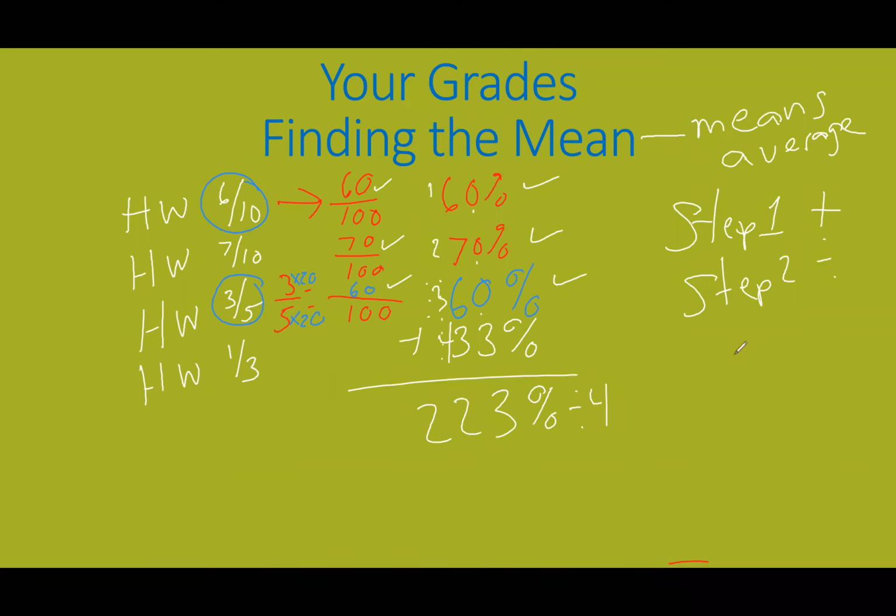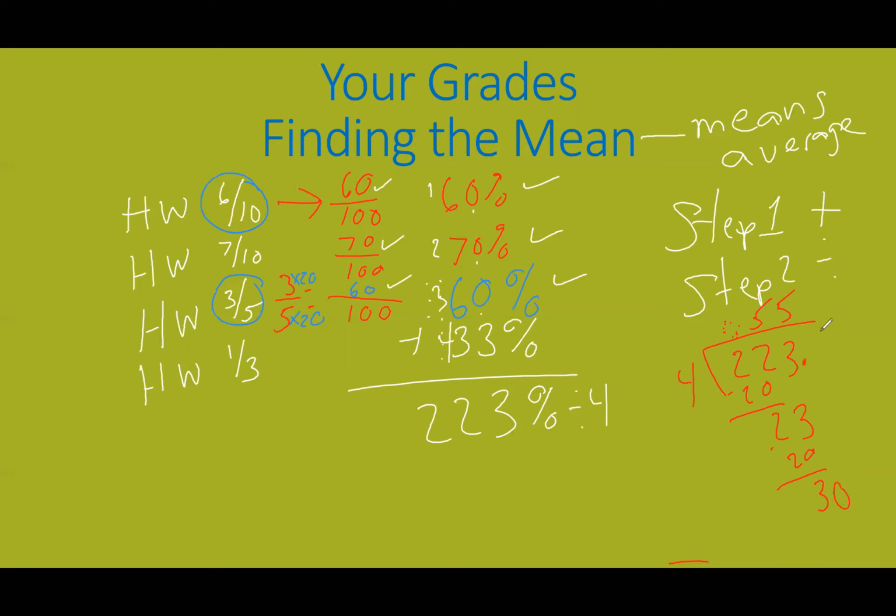I've got 223 divided by 4. Well, we know that's going to be a 0, right? But 22, oh yes, I can do 5 times 4 and get 20. And when I subtract, I have a 2, bring down my 3. And I'm going to put 5 again, and I have 20. I have a 3, but now I can't just stick a 0 in there.